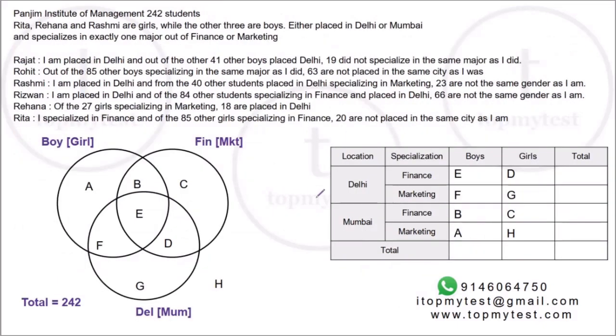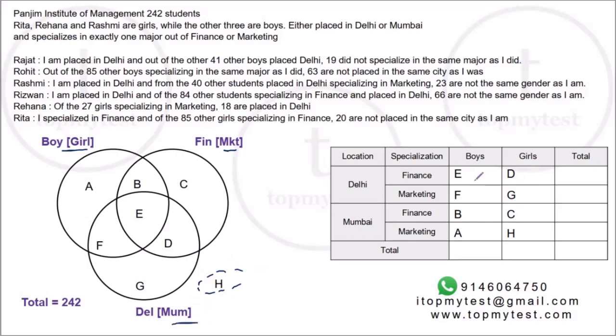So I've created this Venn diagram as well as a corresponding table with these regions marked. For example, inside this is boy, outside of this is girl. Inside is finance, outside is marketing. Inside is Delhi, outside is Mumbai. So what will H represent? H is outside all these circles, which means H is not a boy, which is girl, not finance, which is marketing, not Delhi, which is Mumbai.